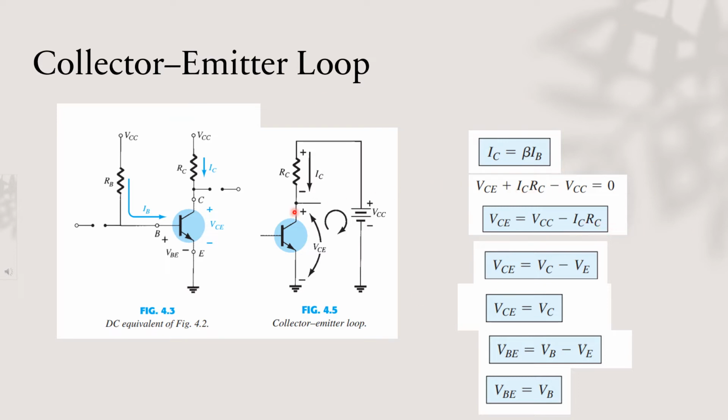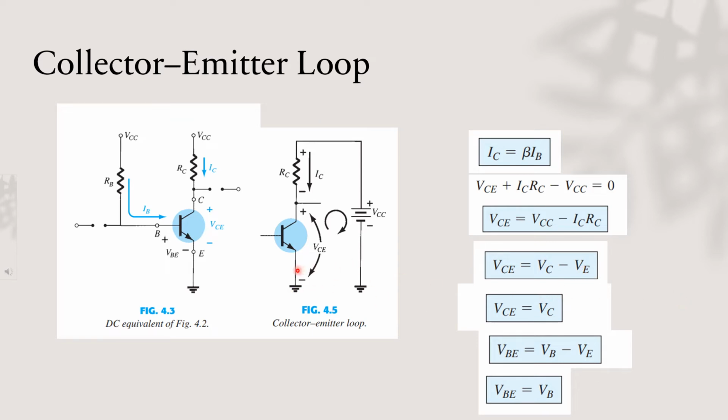If you already understand how to do a looping, how to trace the current flow, it will be easier for you to formulate these equations. So you don't need to memorize all these formulas. When we say VCE, that is the voltage across the collector voltage and the emitter voltage.